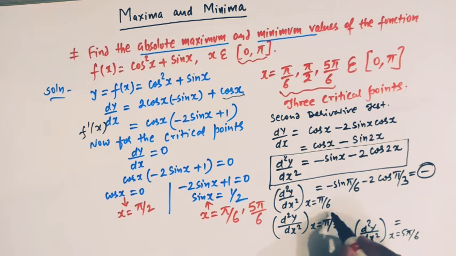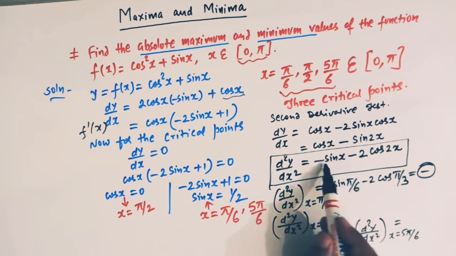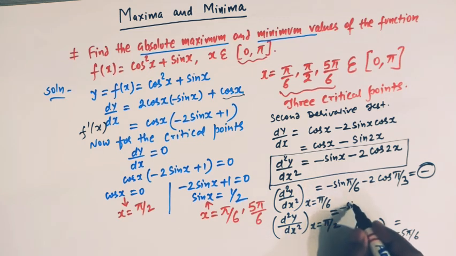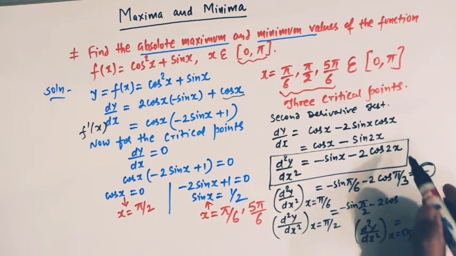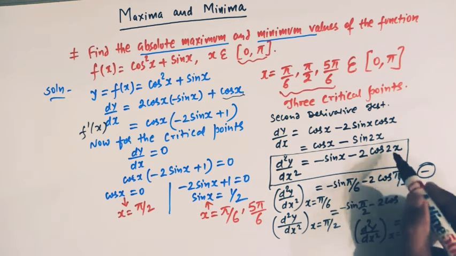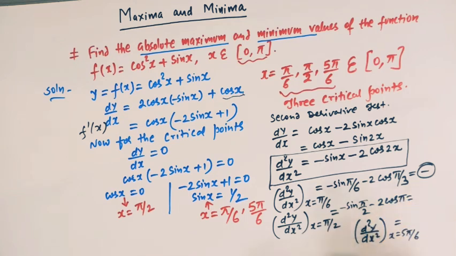Okay, now for x equal to pi by 2, the value of this expression is minus sin pi by 2 minus 2 cos, here we have 2 times pi by 2, so 2 and 2 get cancelled, so we are left with only pi. Now sin pi by 2 is 1, so here we have minus 1, and cos pi is minus 1, so this becomes plus 2, so here we have 1, so the sign is positive, right?